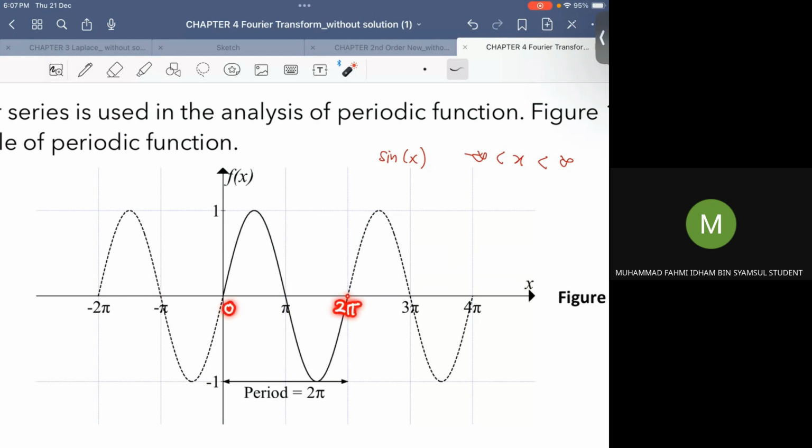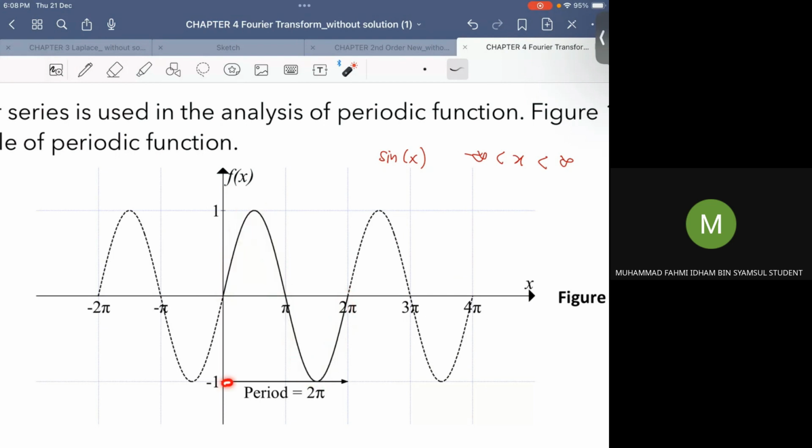So when you put another increasing x, for example, x equal to 2.1 pi, you observe that this function repeats the same function that we plotted earlier. So this is one function you plot from 0 to 2 pi.